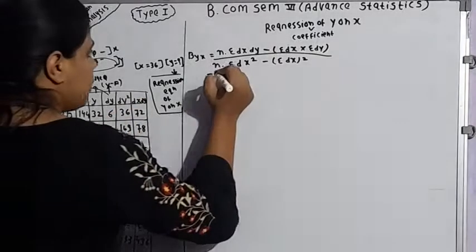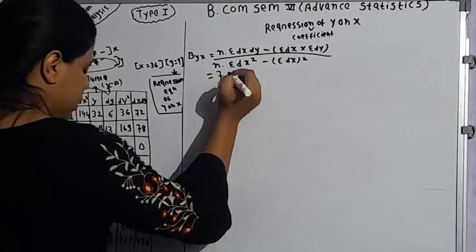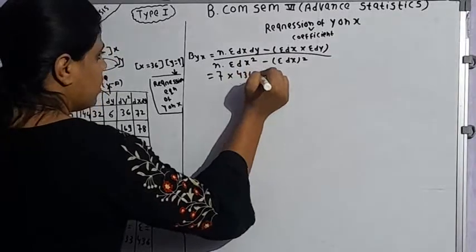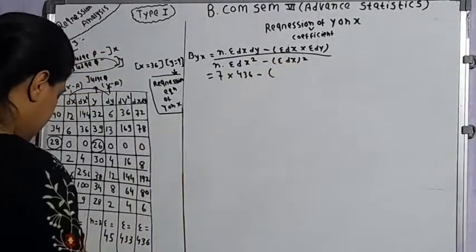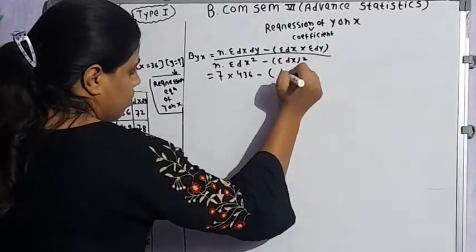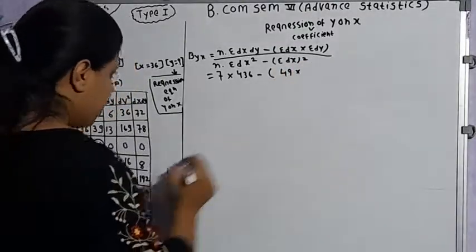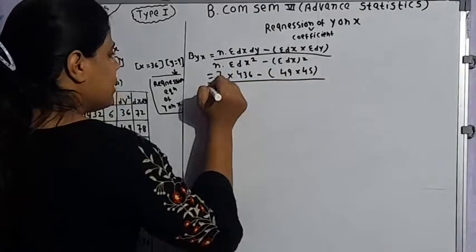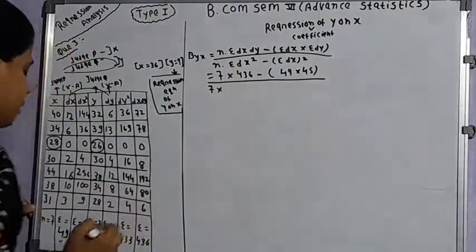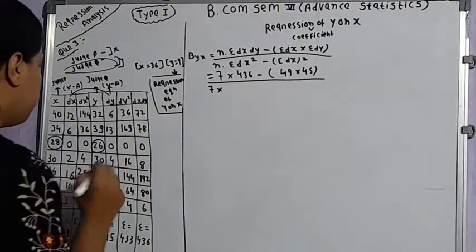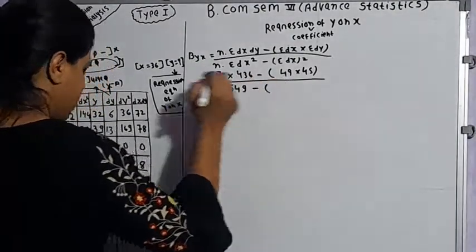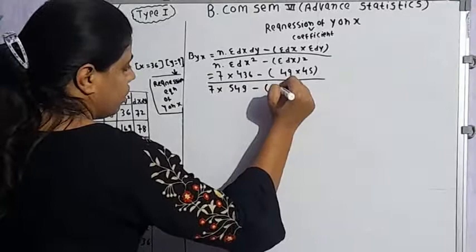N is equals to 7. Summation dx dy is equals to 436. Value of summation dx 49. Value of summation dy 45, upon 7 into value of summation dx square 549, minus the value of summation dx 49, whole square.